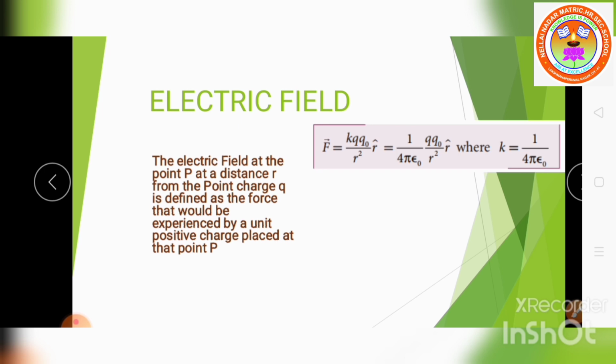Already I told you that the test charge is taken as a unit positive charge, placed at that point P.